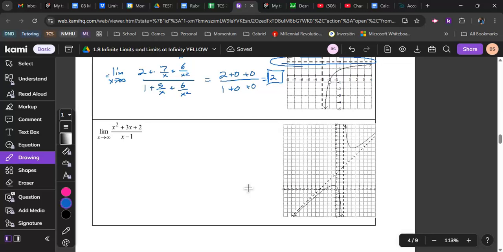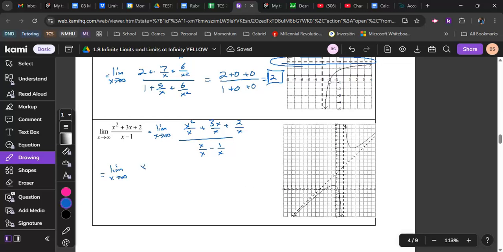So now this one here is top heavy. And I'm going to do the limit as x approaches infinity of x squared over x, 3x over x, 2 over x, all over x minus 1 over x.